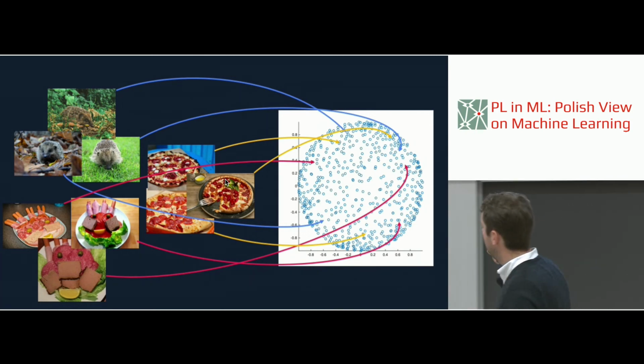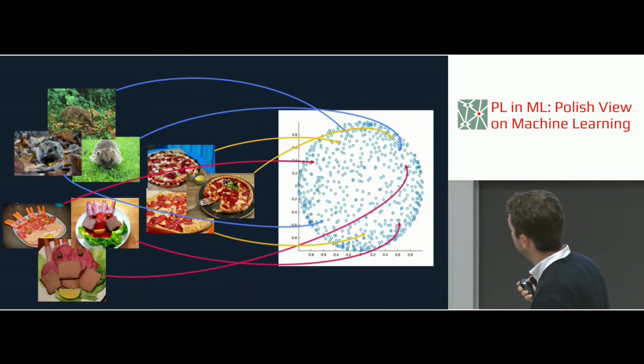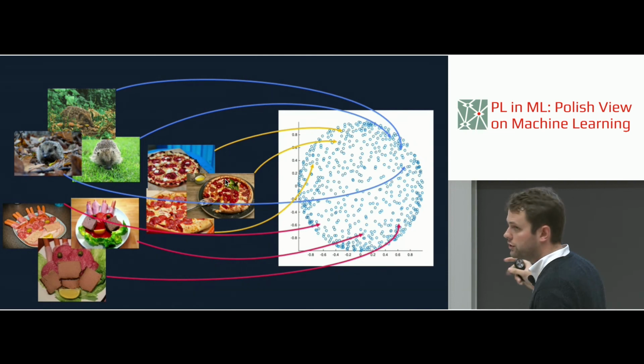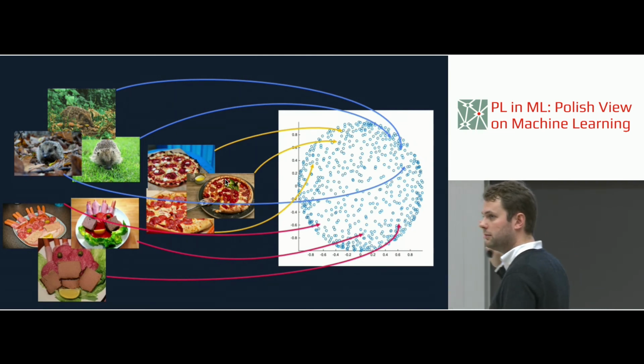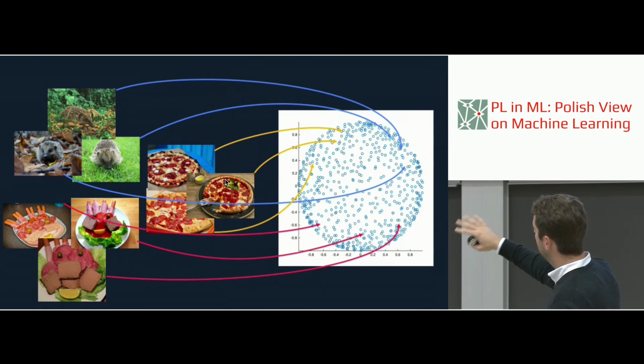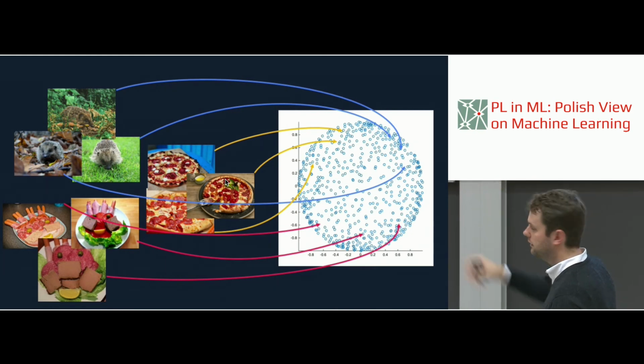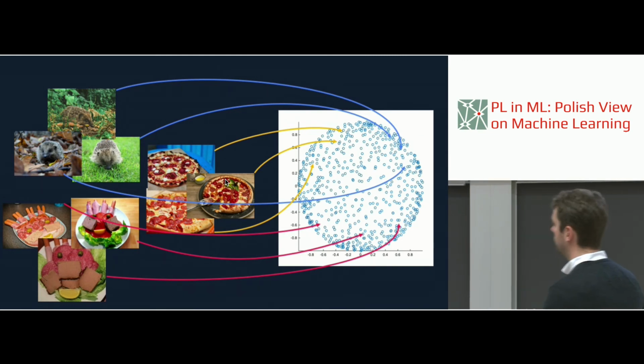The whole idea of this paper was to make sure that this function is smooth, that it puts hedgehogs together and pizzas together, and that there are no big discontinuities in this function.